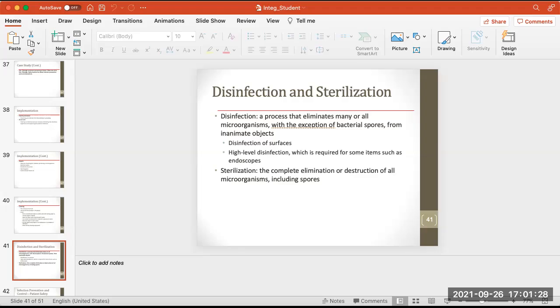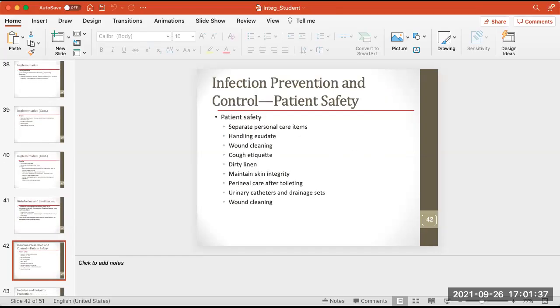Sterilization is not just wiping a surface with disinfectant wipes. Sterilization happens in many different ways. That is not something you have to learn at this point, but eventually, if you get into a specialty, there are autoclaves, and there are ways to sterilize a syringe or the equipment used for surgery, all the scissors and forceps and everything.